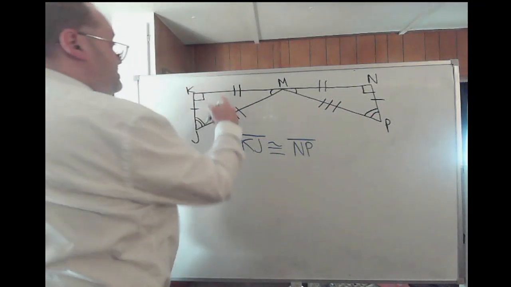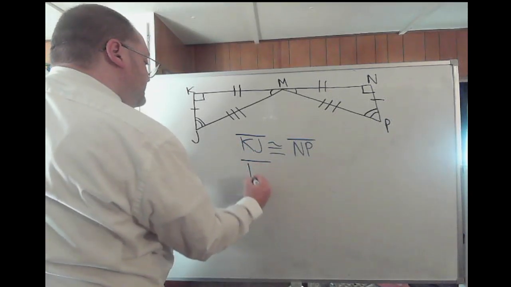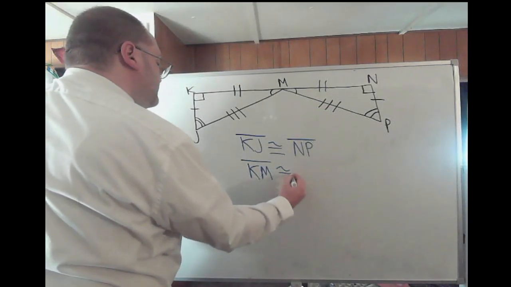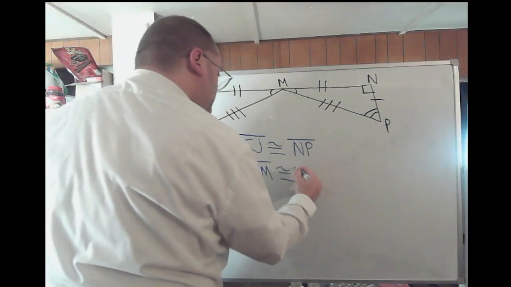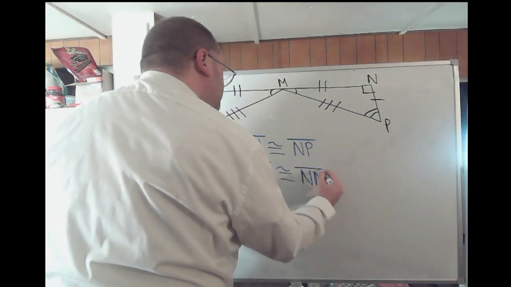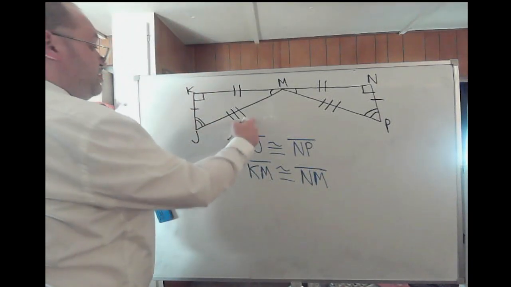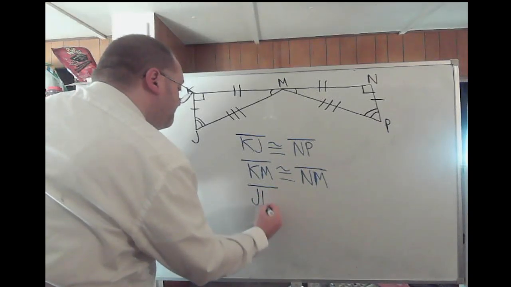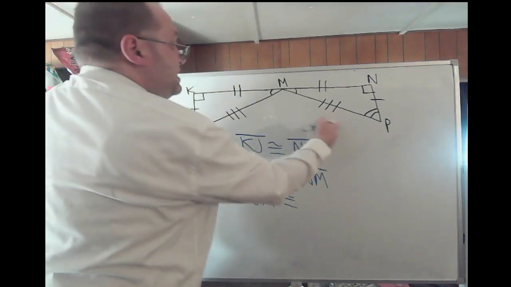Alright, let's start with the 2 tick marks. It looks like side KM is congruent to side NM. Then let's start with the 3 tick marks. Looks like side JM is congruent to side PM.